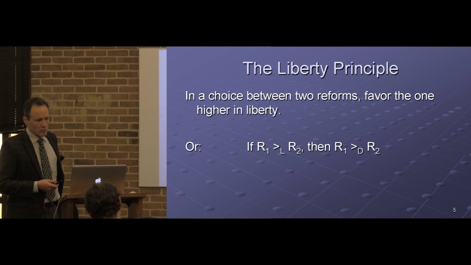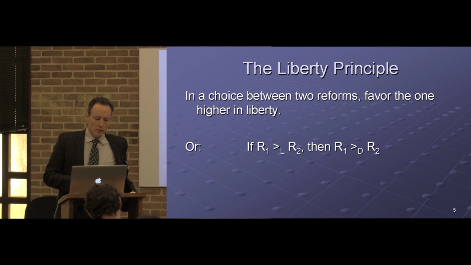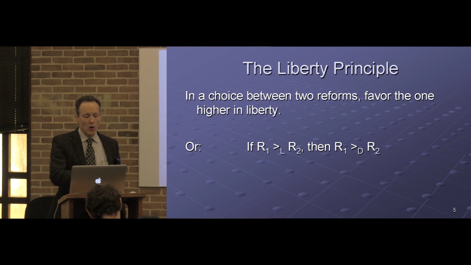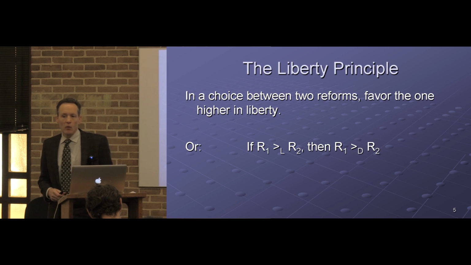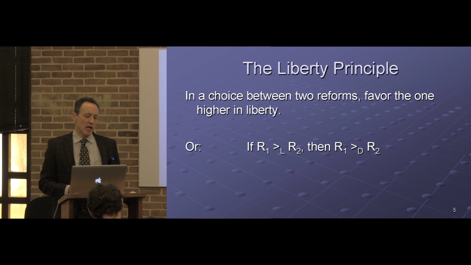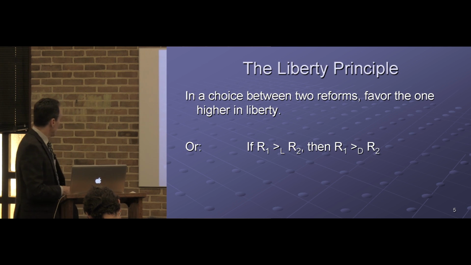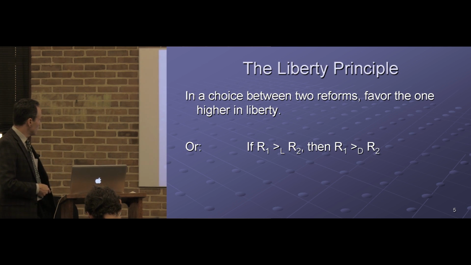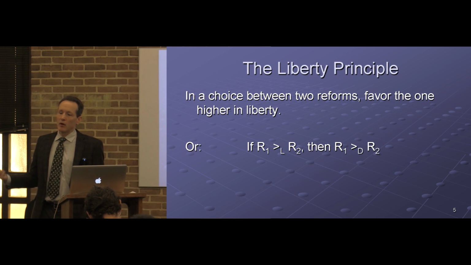So I want to ask you to think about a reform like R1. Let's say R1 is lowering the minimum wage. And think about it being compared to another reform, R2, in terms of liberty. Now, R2 might not be a reform at all.